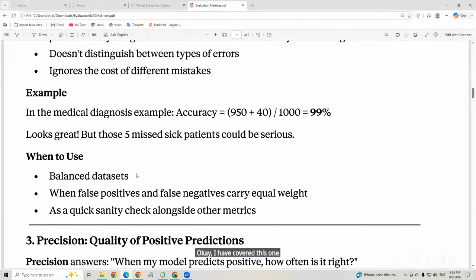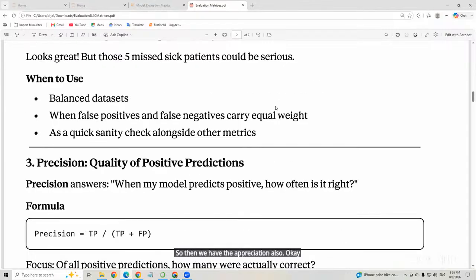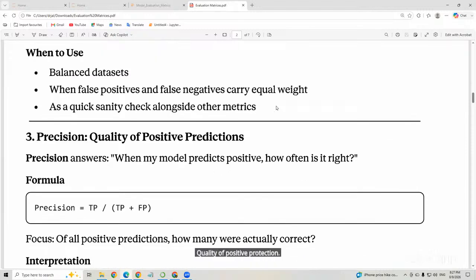Then we have the precision also: quality of positive prediction. Precision means quality of positive prediction. So when my model predicts positive, how often is it right?